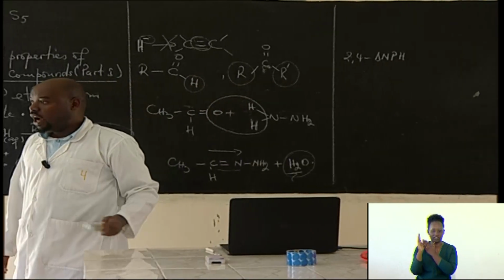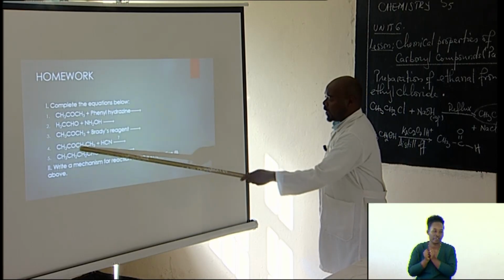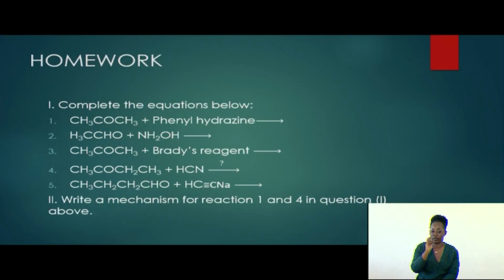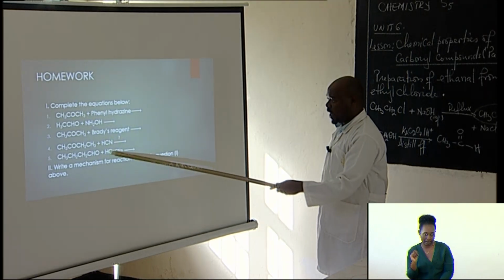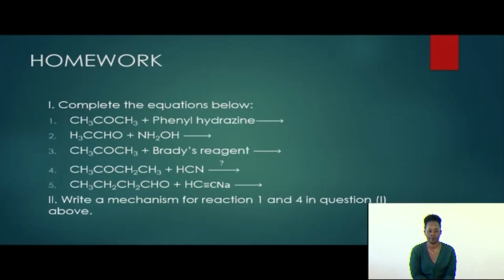And then we have a reaction with a ketone and hydrogen cyanide. I want to ask you to also identify the conditions we use here. And finally, we have a compound which is from a terminal alkyne.